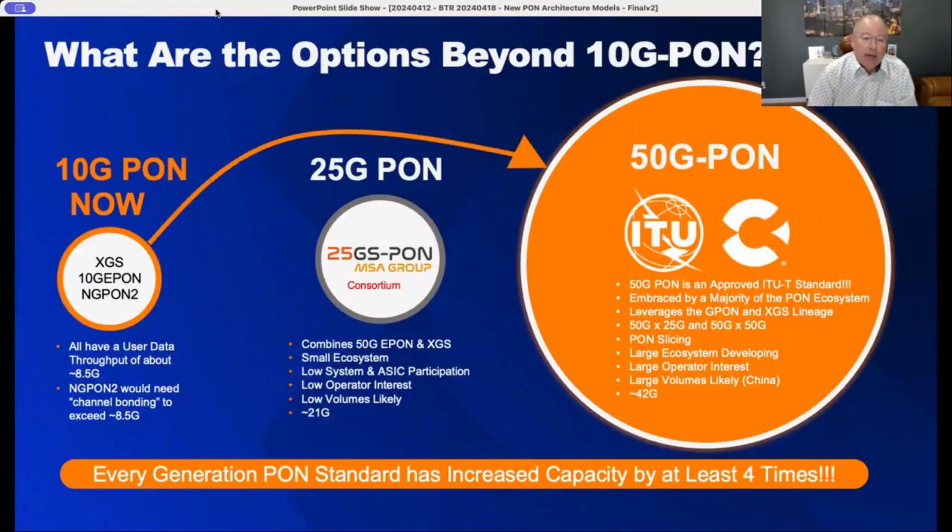Now, the reason why, if we look back through history of PON technology, going from APON to BPON to GPON to XGS PON, and then 50 gig PON, they've all seen about a 4x increase in capacity. And that's important because the ecosystem, system vendors, ASIC vendors, and also the operators want to make sure that PON lasts for a long time and can cover a bunch of use cases.